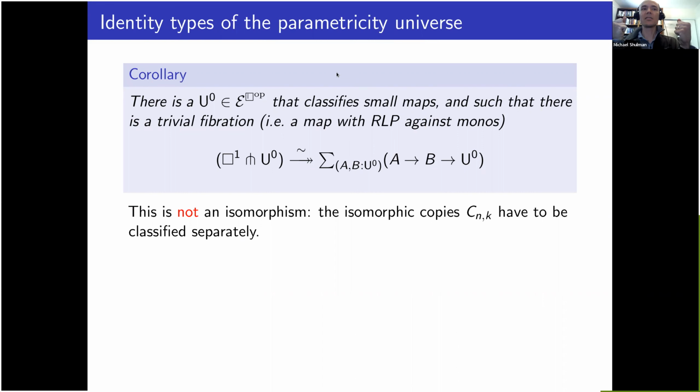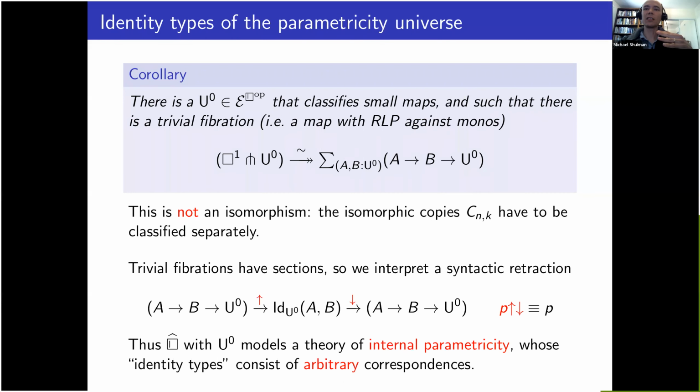The observation is that the quote unquote identity types that we get are not equivalences or one-to-one correspondences, but arbitrary correspondences. So what's going on here is that we get a model of a theory like the one that I described before, only now instead of promote and demote mapping to one-to-one correspondences, they map to arbitrary correspondences.